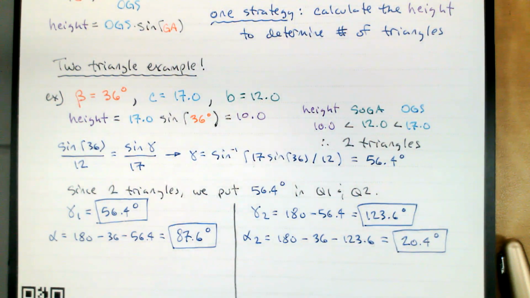And finally, we just need to solve for A. There's two different ones: 56 in quadrant 1 and then 56 in quadrant 2. I'm going to use the given information of sine beta over B, because I like to use given information, because this stuff has been rounded off. I can't avoid using this rounded information.